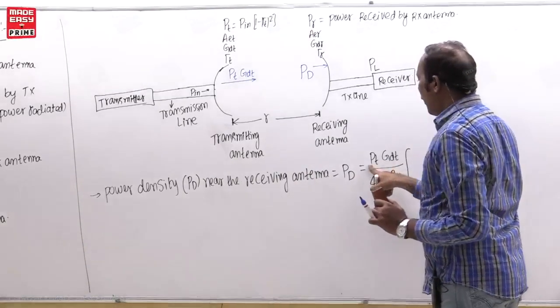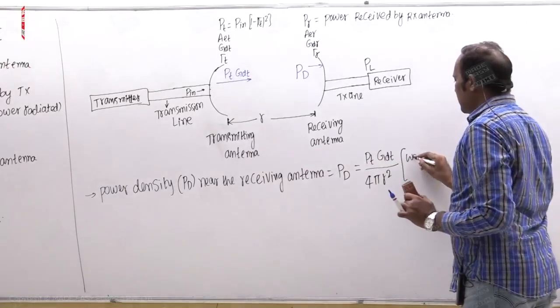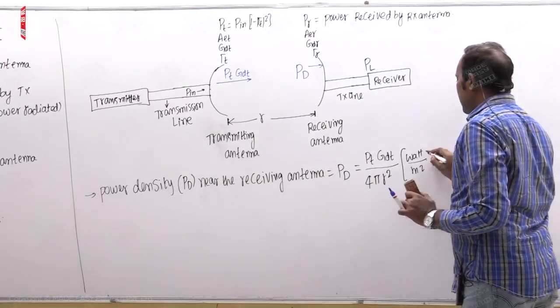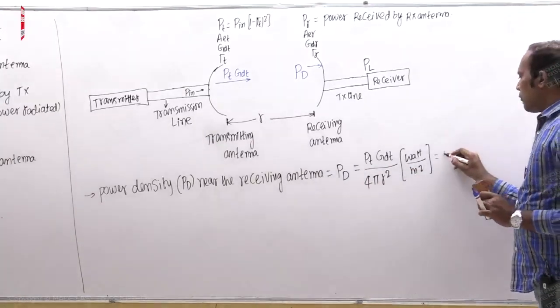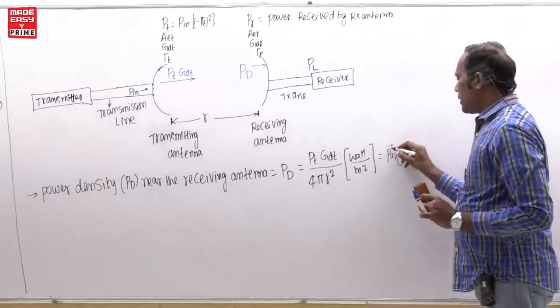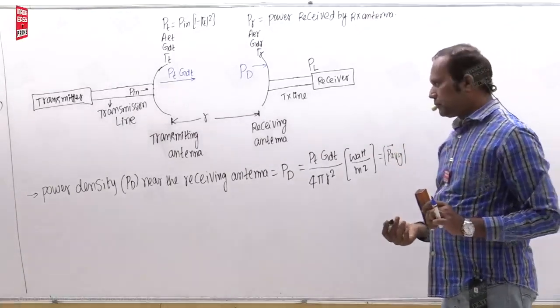The unit of this is watt per meter square, since gain has no unit. This is nothing but the magnitude of the average Poynting vector.